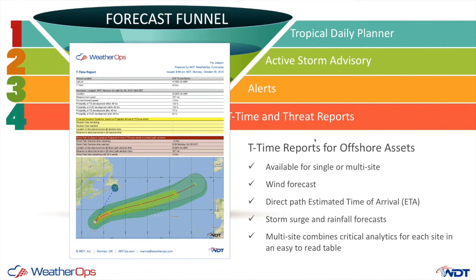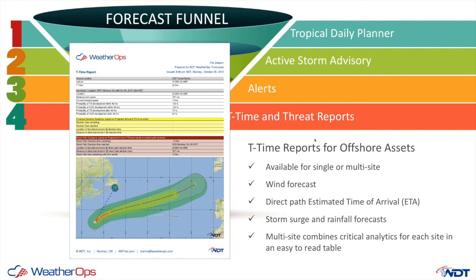Let's say you have a rig offshore, and you know that securing that rig takes X amount of hours before you have to get off it. That tea time, the amount of hours to prepare and shut down, we plug into a formula, and then we can calculate, based on the forward motion and speed of the storm, a date and time when you need to make the decision to start the shutdown process.